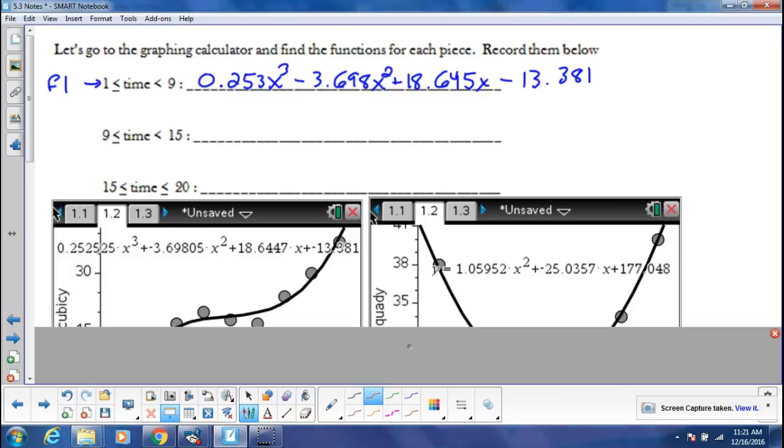So that's putting it in f2, and that function was 1.05.